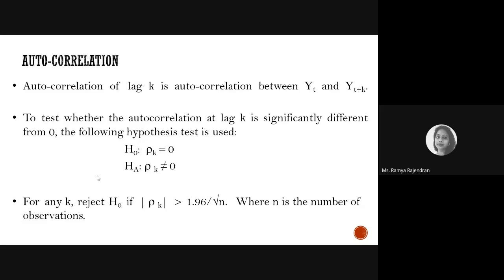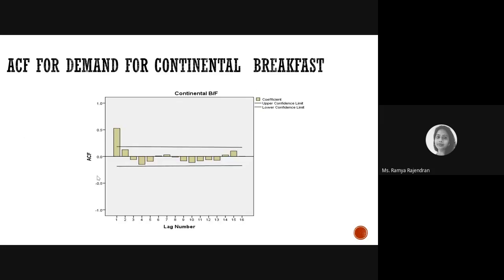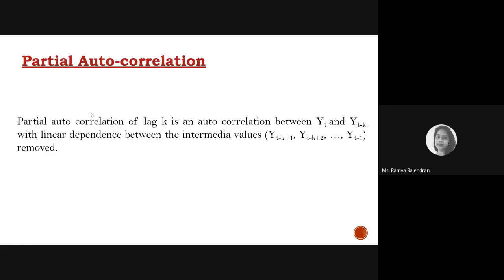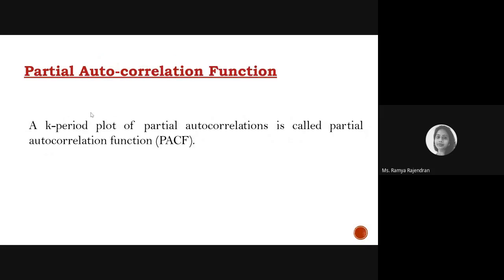This is tested by creating a hypothesis, to identify whether you can reject or accept it. This is how your ACF plot looks, and the ACF value should always lie within your confidence limits. Partial autocorrelation is the same as autocorrelation, but here you eliminate the dependency of intermediate values. You call that function the partial autocorrelation function, or PACF.